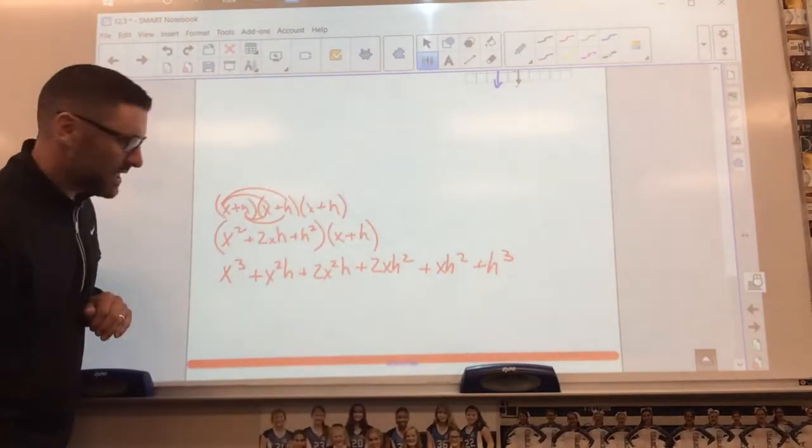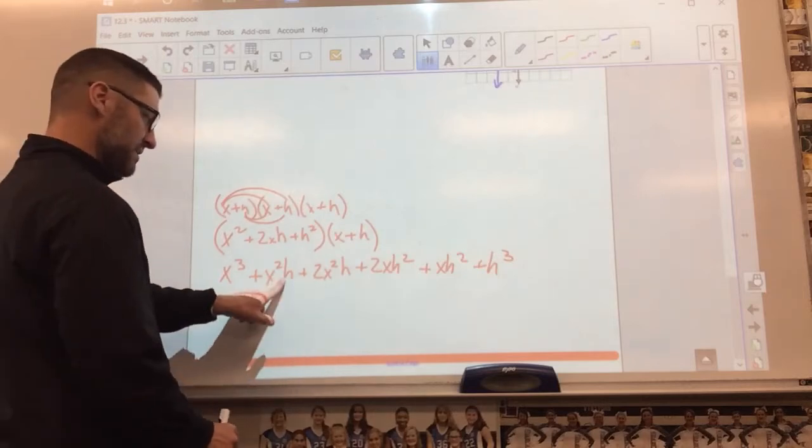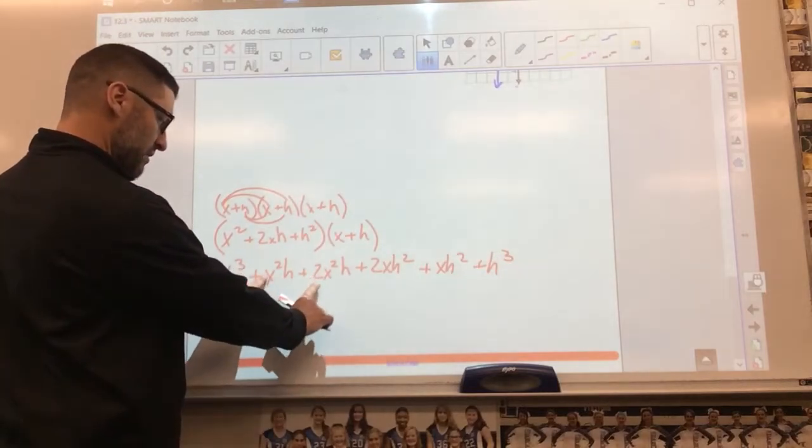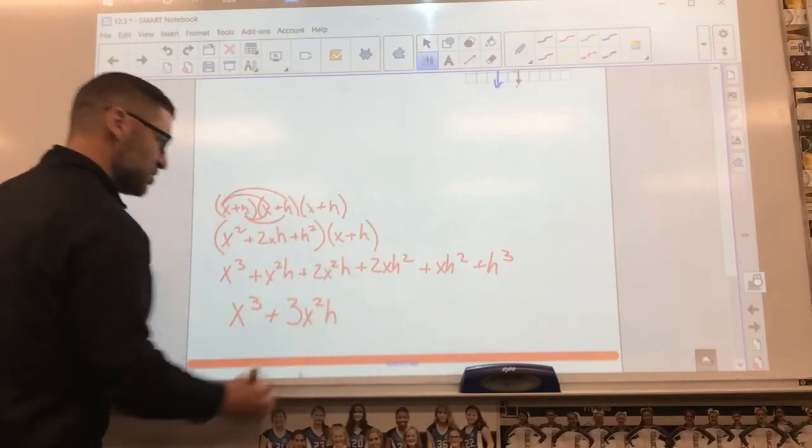You can see why it's kind of a tedious process, but we'll still get there. We got x cubed. Let's see how many x squared h's I have. I got 1 here and I got 2 there. So that's 3x squared h.